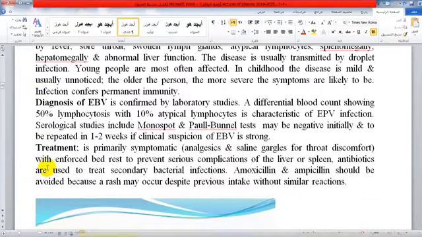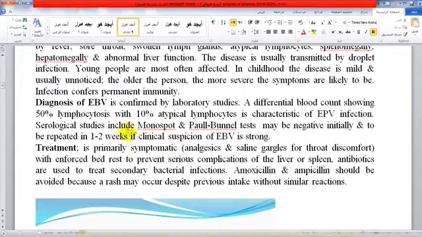The diagnosis of Epstein-Barr virus is confirmed by laboratory studies. A differential blood count showing about 50% or more lymphocytosis with 10% atypical lymphocytes is considered characteristic of Epstein-Barr viral infection.